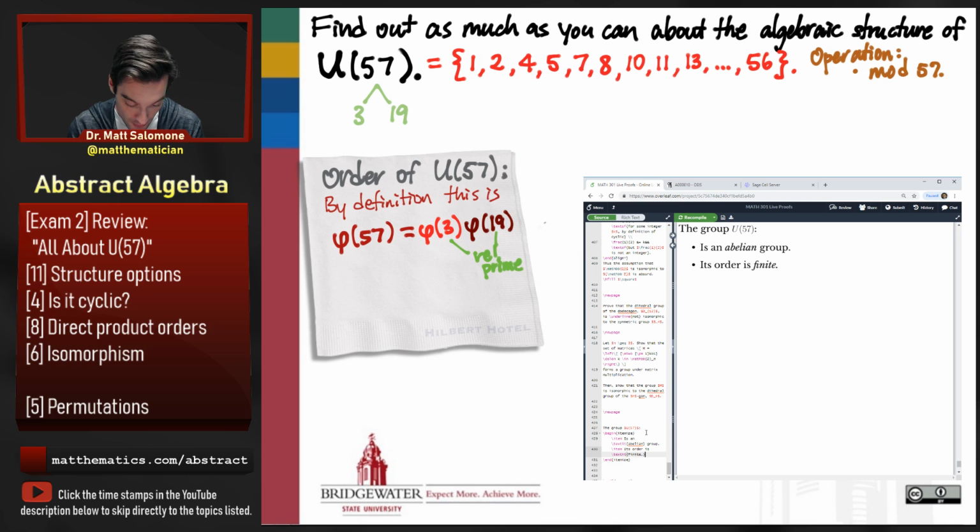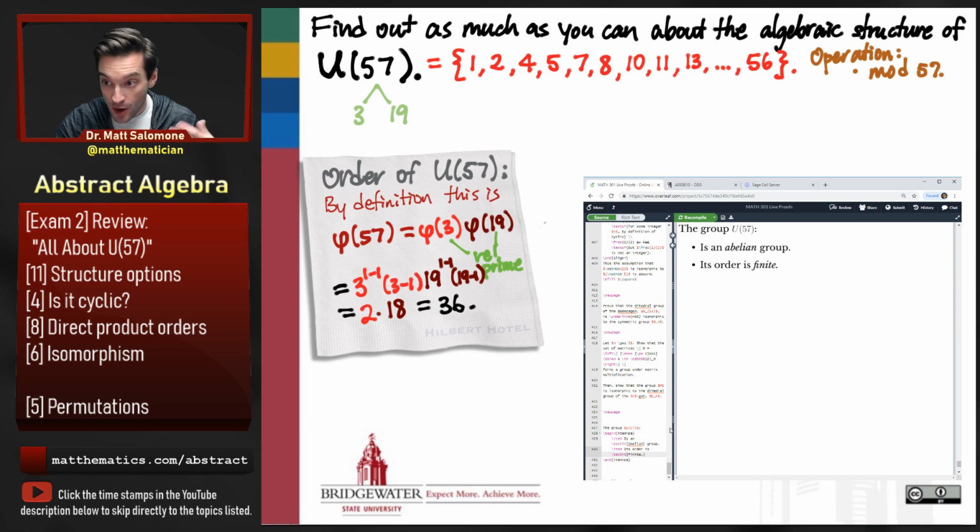And then we can compute each of those. Phi of 3 is going to be, because 3 is a prime, right? 3 to the 1 minus 1 times 3 minus 1. And phi of 19 is going to be 19 to the 1 minus 1 times 19 minus 1. I compute those out. 3 minus 1 is going to give me 2. 19 minus 1 is going to give me 18. And so the order of this group is 36.